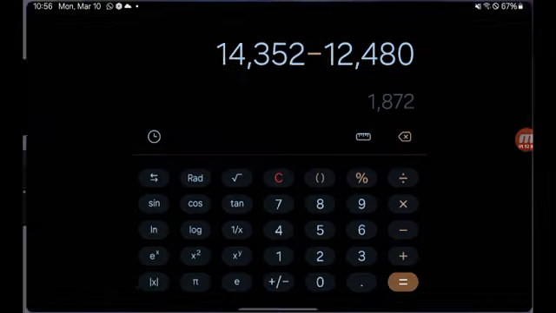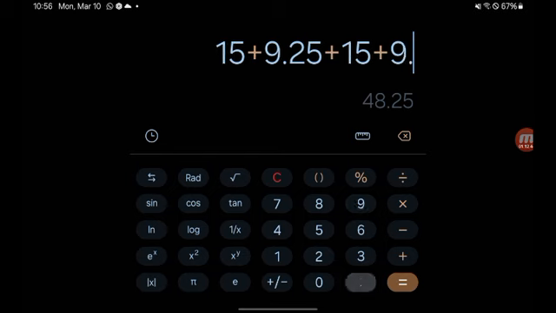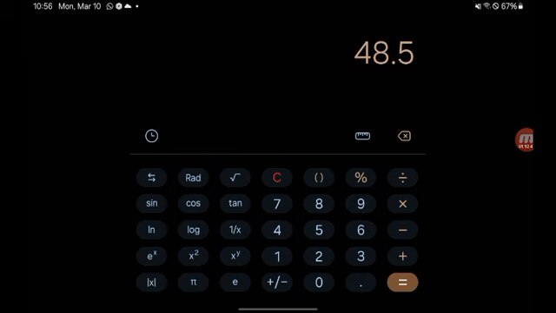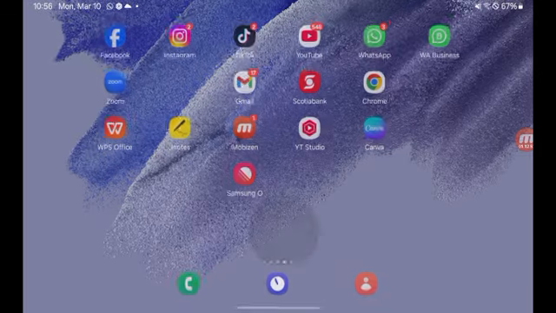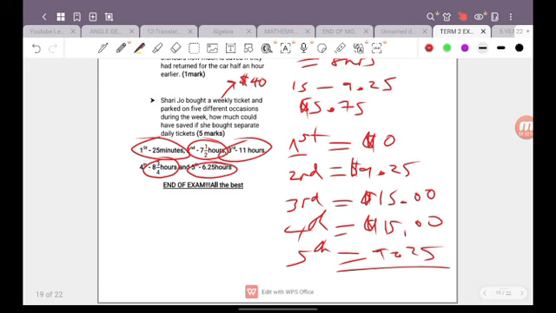So it's to the calculator here. We're going to have 15 plus 9.25 plus 15 plus 9.25. And you can see that buying single tickets parking every day would have cost her $48.50.